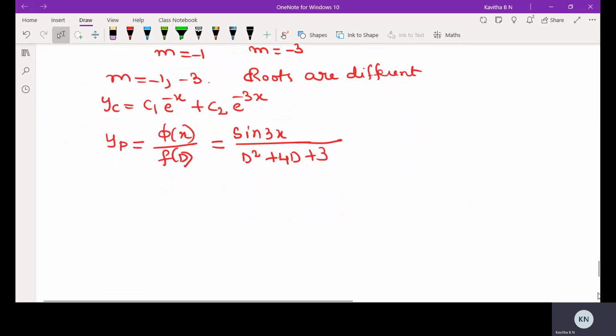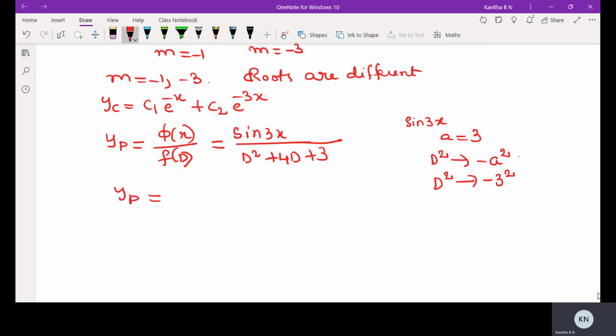Then the next step: sin 3x means here a = 3, so in place of D² we have to substitute -a², that is, -3². So yp = sin 3x divided by (-3² + 4D + 3).